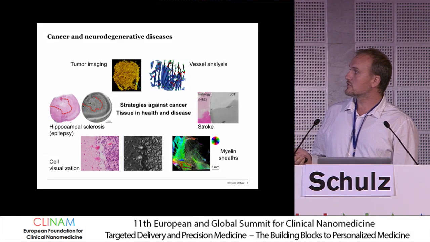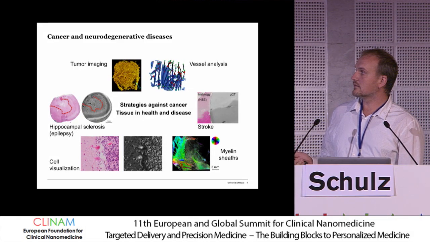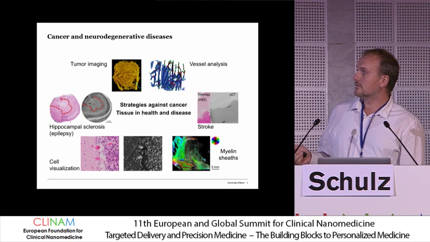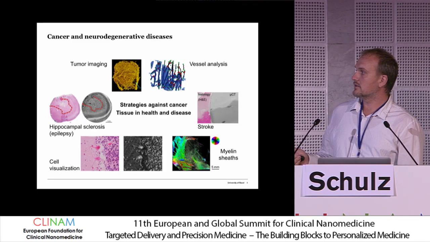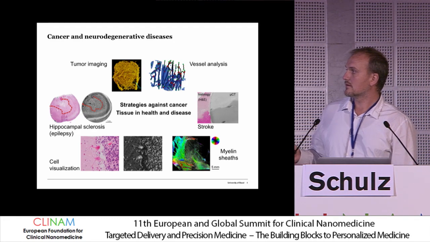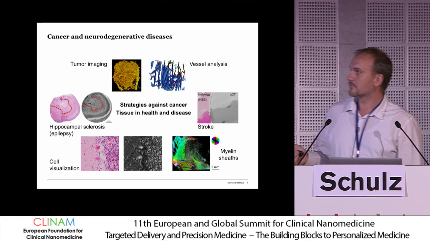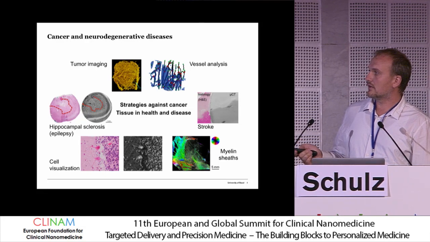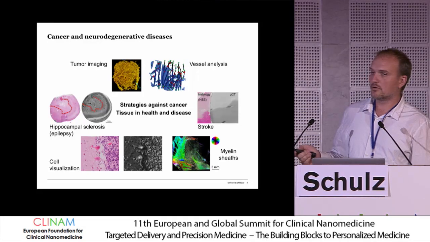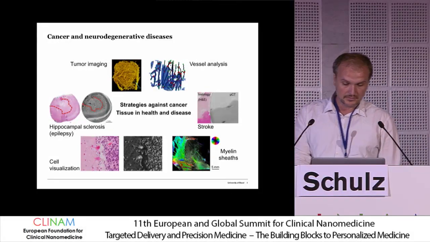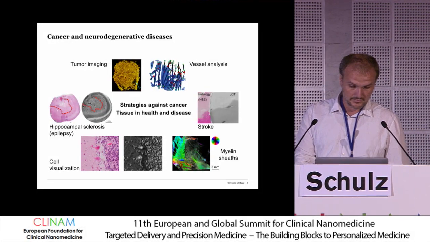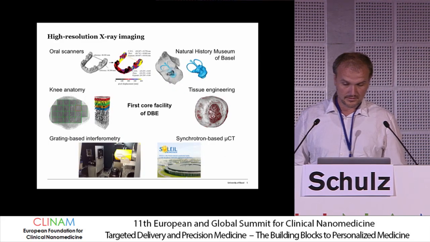Then brain imaging, where we analyze sclerosis or stroke, cell visualization. This is a micro CT image. This is the histology slice of it. And also nanostructures of brain, again small angle X-ray scattering, where we investigate myelin within the brain tissues.